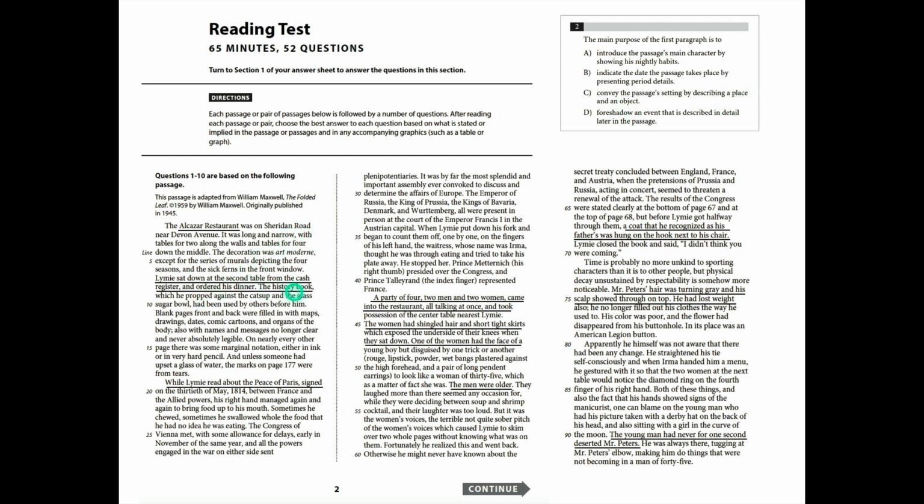It's the history book right here, and he's describing the history book right there. So once again, the correct answer C is reflecting, rephrasing, or paraphrasing text that occurs in a passage.